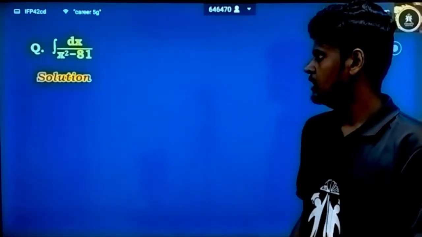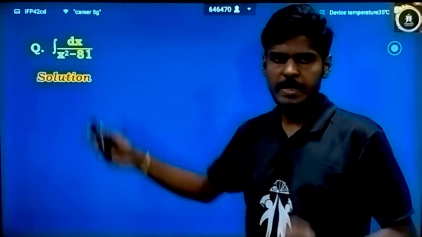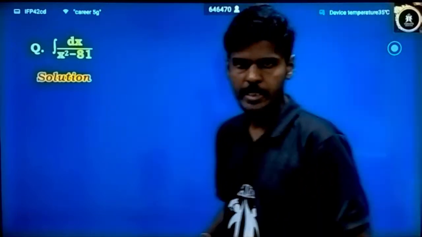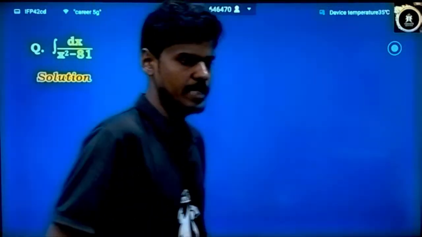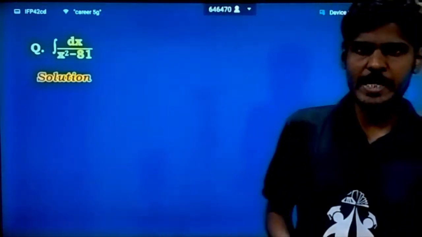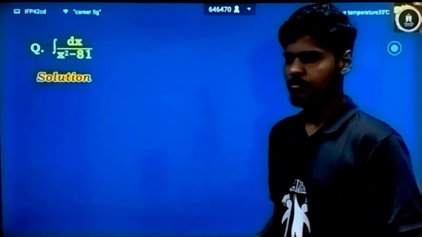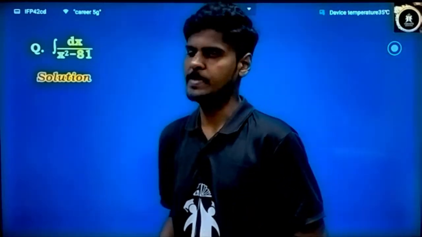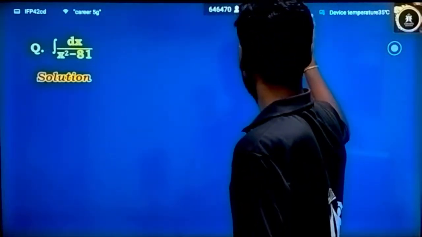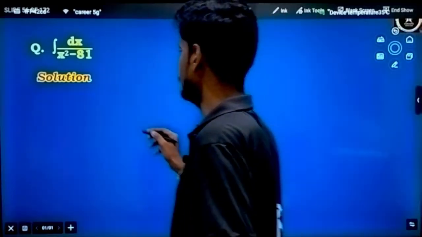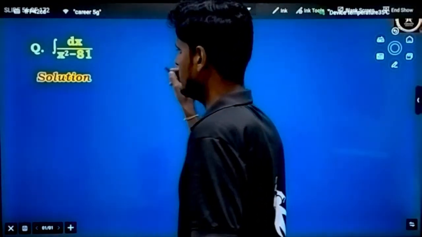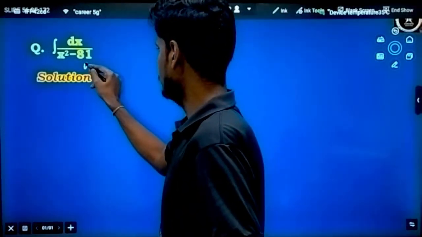Next question is dx by x square minus 81. 81 is nothing but 9 square. So this is of the form dx by x square minus a square. What is the formula? 1 by 2a log mod x minus a by x plus a. So we will directly write, 1 by 2a, a is 9.